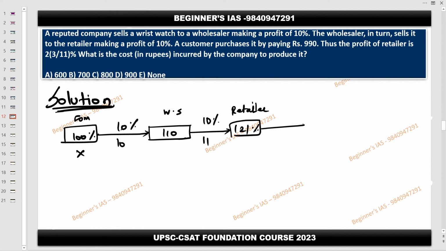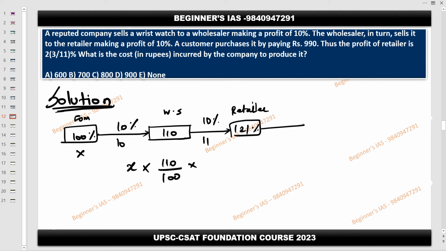Then we have to add the profit of the retailer. So just convert that: 25 by 11. Yes, sir. 25 by 11. So the 4x into 110 by 100 percentage.